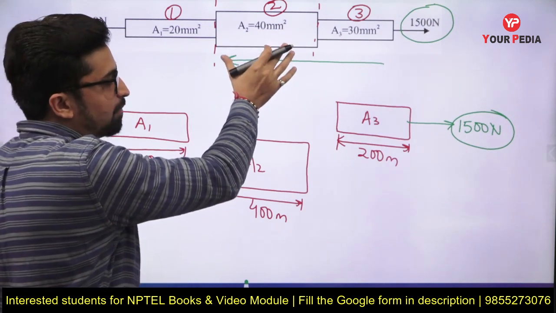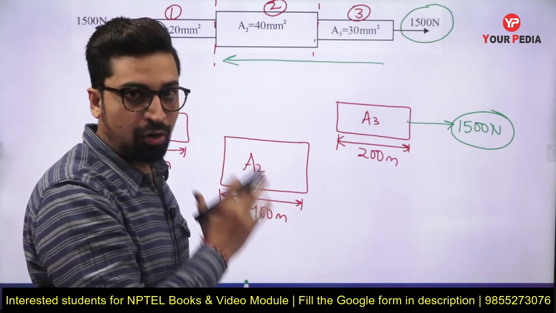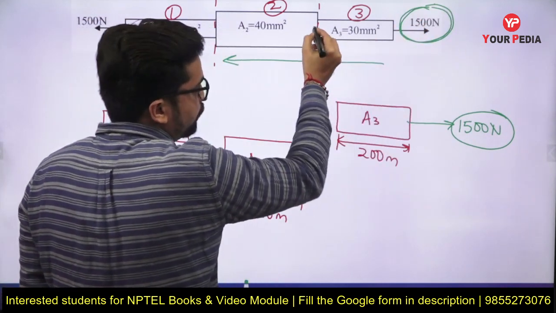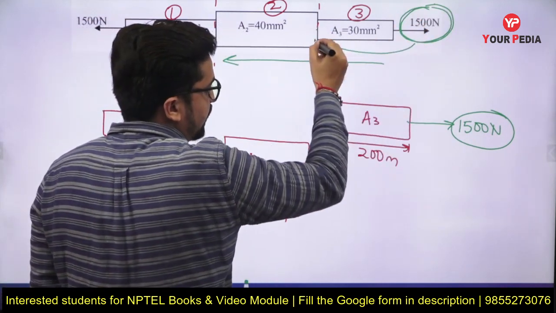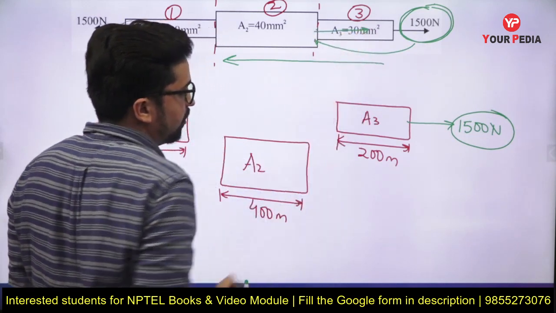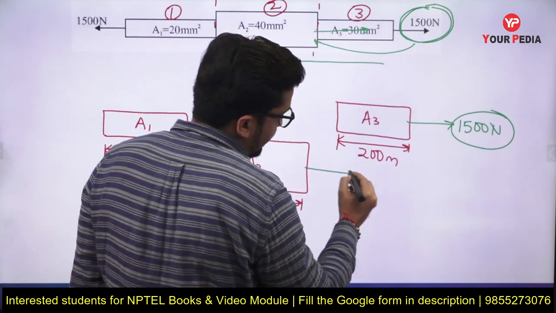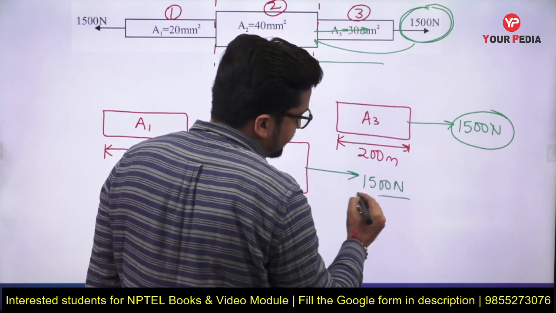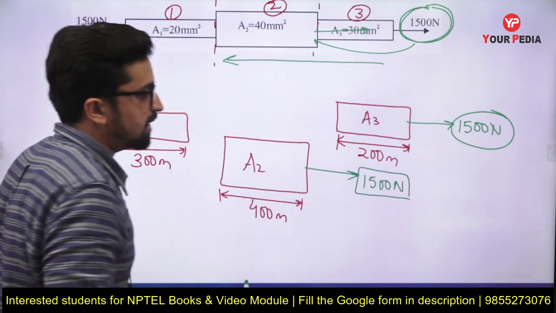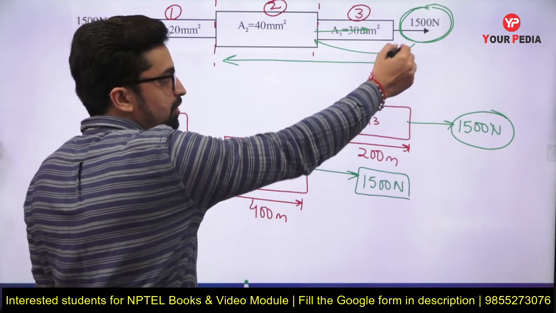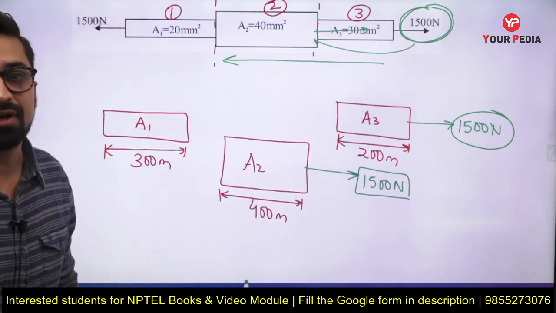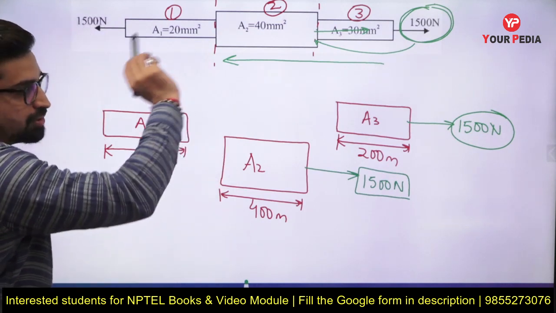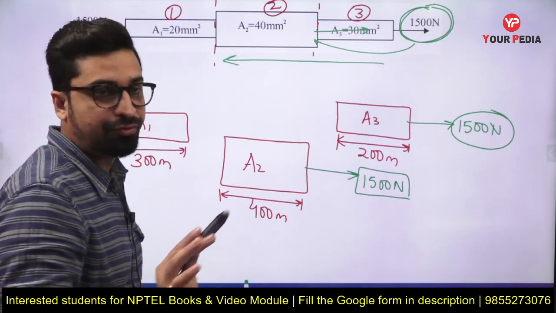After that, let us move on to the second bar. On the second bar, there is no force coming on its own, but the same 1500 Newton force will be acting here also, so the effect will be here too. So a 1500 Newton force will be coming on this second bar, and no other force is coming except the 1500 Newton force.